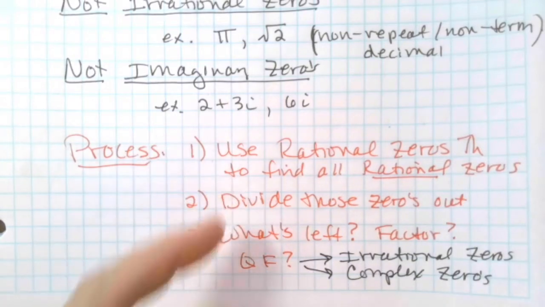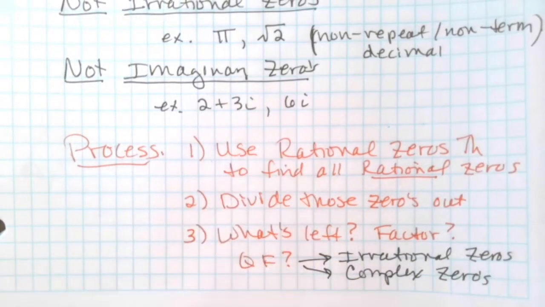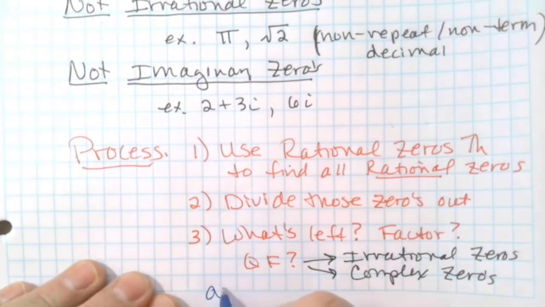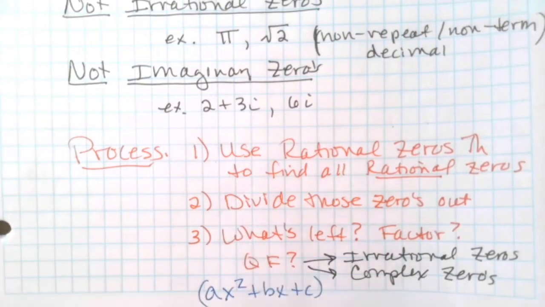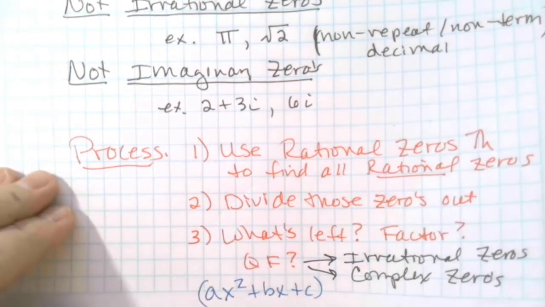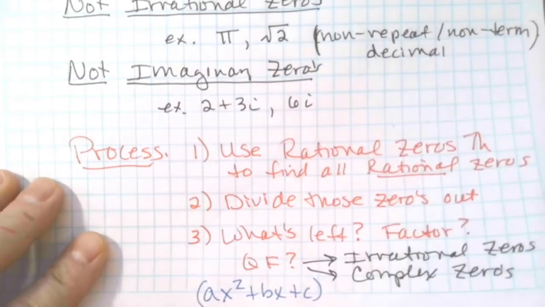When you've divided out all the rational numbers you possibly can, what's left then you can get out of the quadratic formula, which is why most of our problems will give you just enough rational numbers that it will get you down to a quadratic, something in the form ax squared plus bx plus c, and then you'll use the quadratic formula. All right, we're going to get back to that idea.